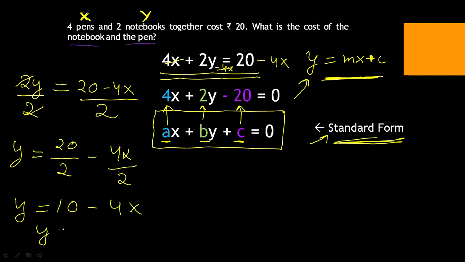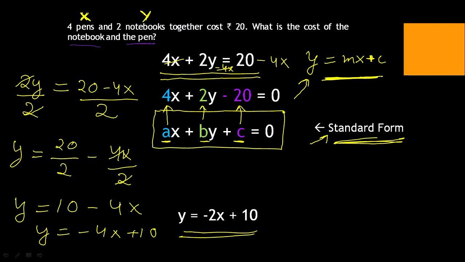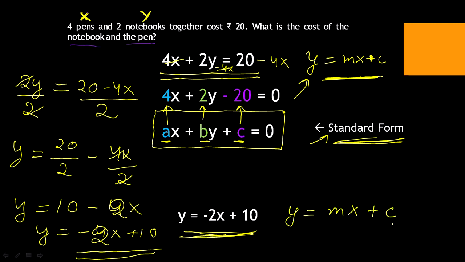Sorry, I forgot to divide this. 4 divided by 2 is 2. So I get y equals minus 2x plus 10, right? And that, if we compare it with this, y equals mx plus c, I have finally written my equation in this form, where m is minus 2 and c is 10.